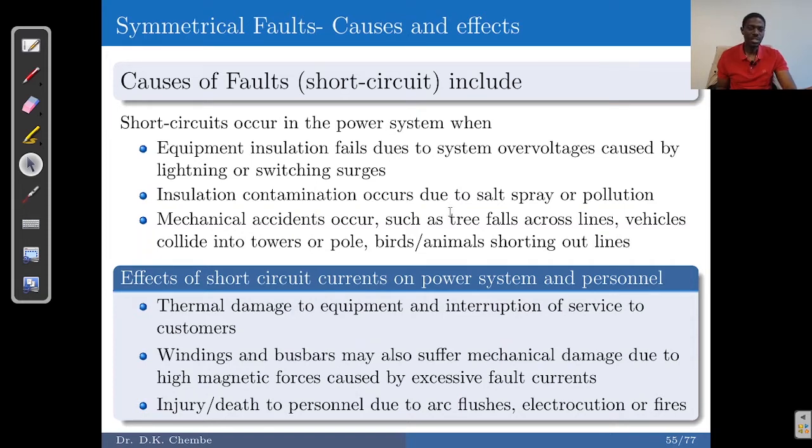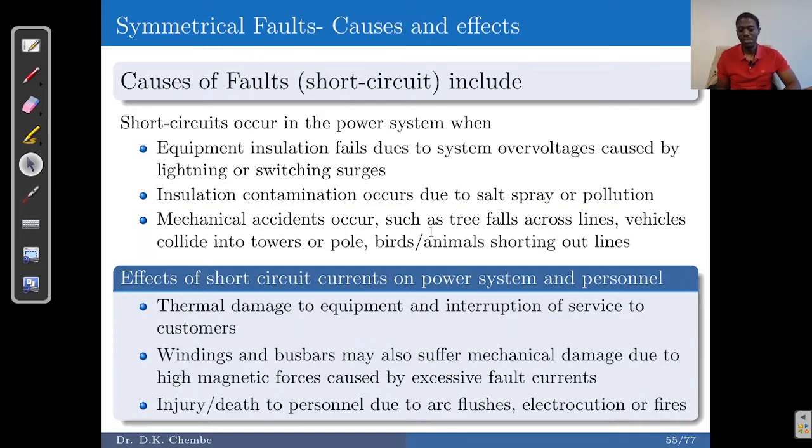But there are effects of short circuits, and these effects may be deadly in some cases, especially for personnel. When there's a short circuit, there's a huge amount of current that flows through the system, and that huge amount of current can cause fire, which can injure personnel close to that equipment, because the thermal damage caused to equipment may lead to fire when two wires are touching each other.